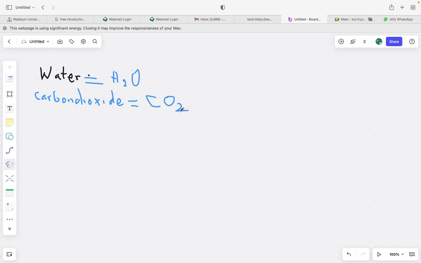Mention any other compound. Let's write the formula. Glucose is C6H12O6. Good. Sodium chloride, sulfur dioxide.